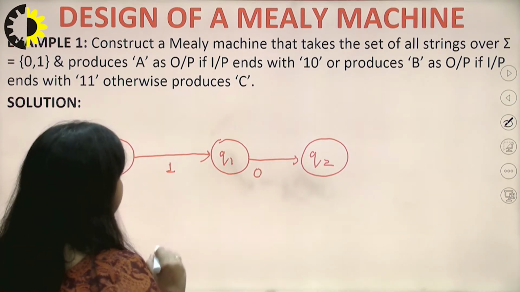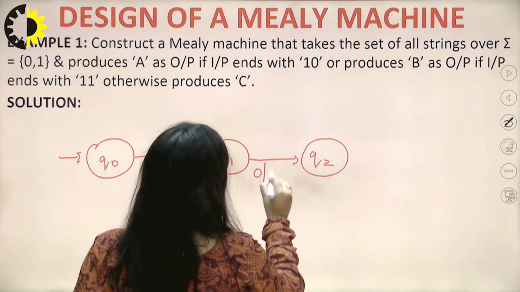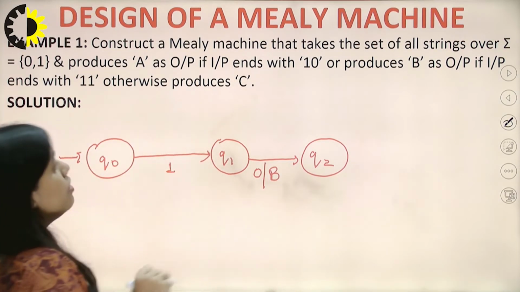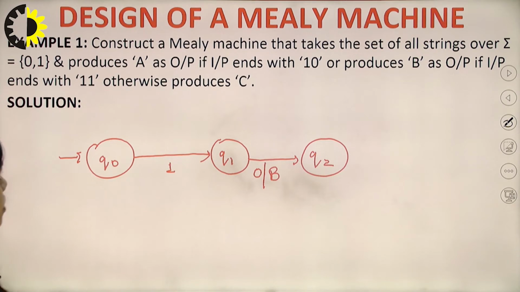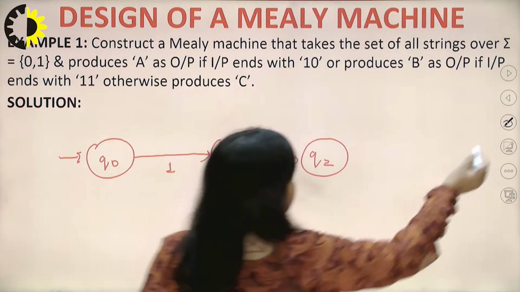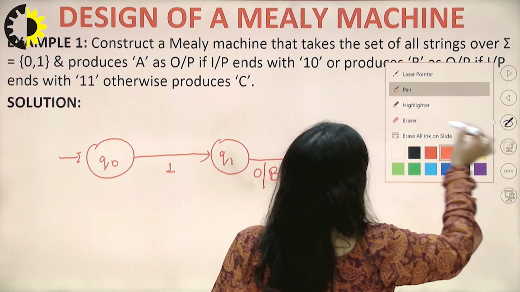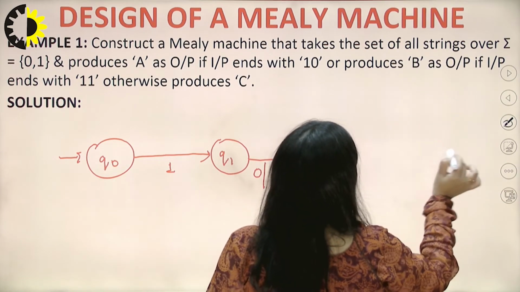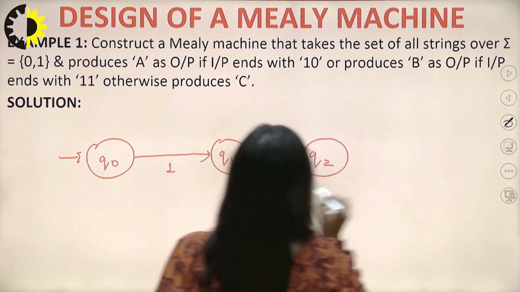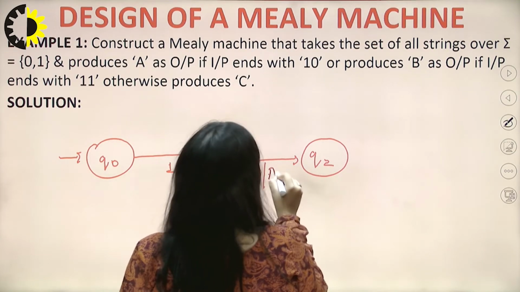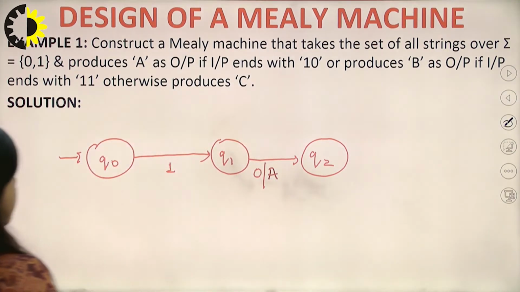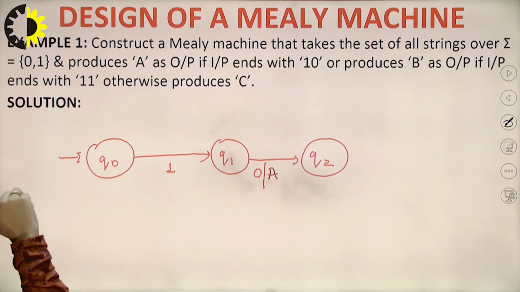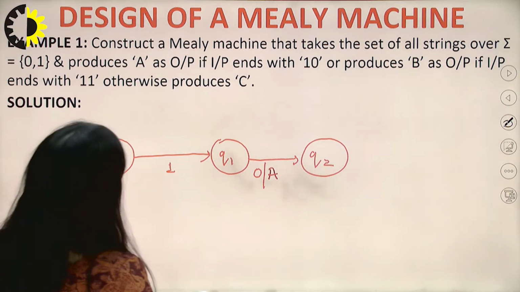Wherever we are getting 1, 0, we will return A as output, and it returns B as output if the input ends with 1, 1.